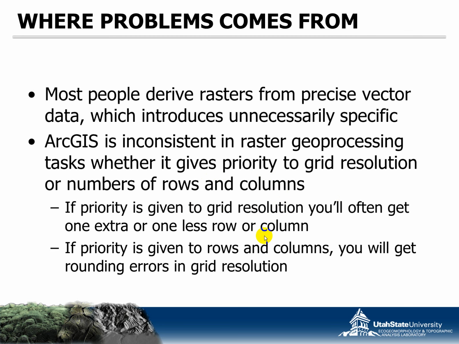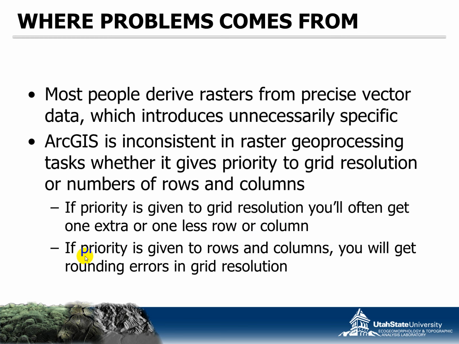And so this is a very common problem where it looks like your grids are concurrent to the eye, but when you go in and you visually inspect the properties, you realize that actually there's one less or one more row or column than you need.